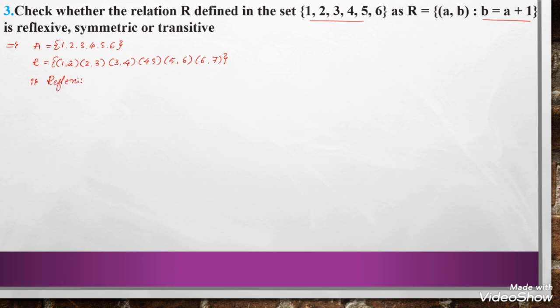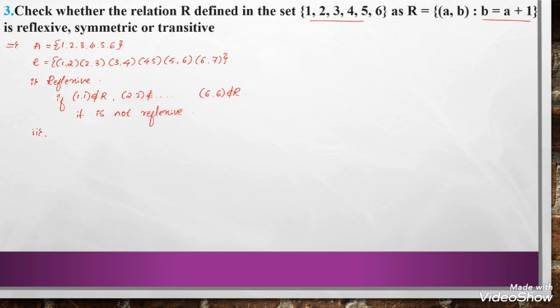Here, 1 comma 1 does not belong to R, 2 comma 2 does not belong to R, and so on up to 6 comma 6 does not belong to R. Therefore, it is not reflexive. Simply, their images are not present. If an element and its image are not present in the relation, that's why it is not reflexive.